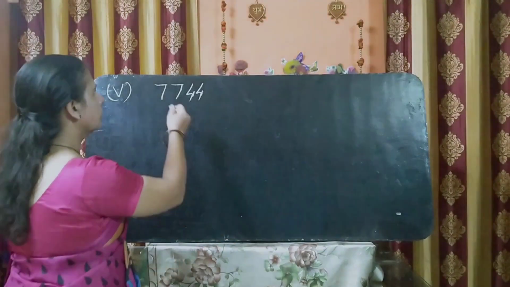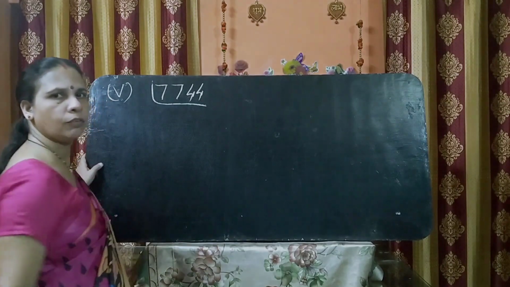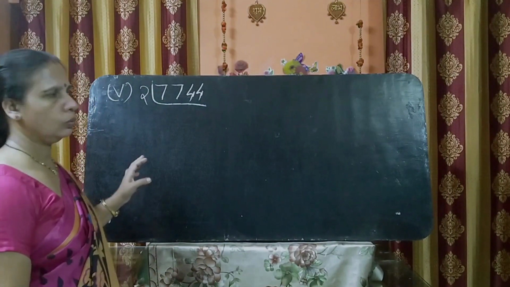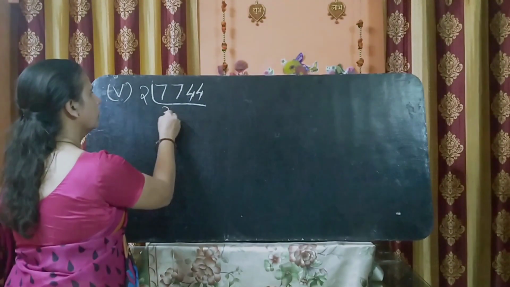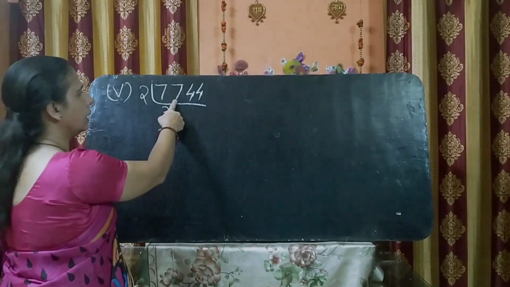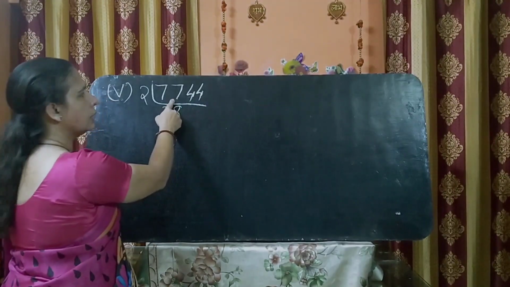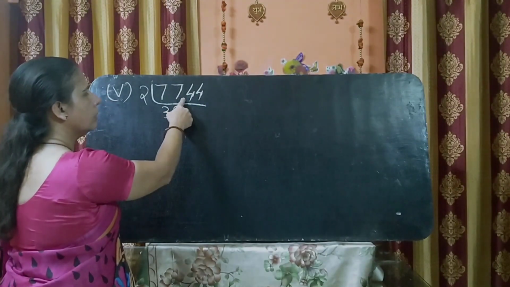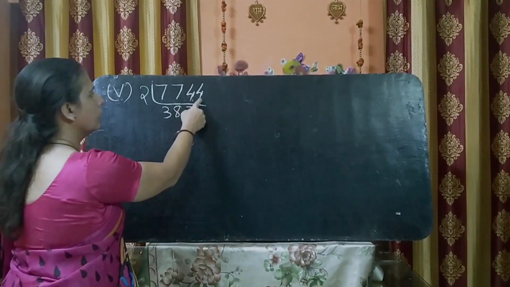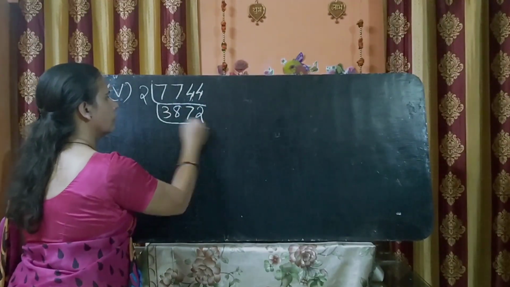Next question is 7744. Take as factor 2. 3 2's are 6. How many left? 1. Number 17. 8 2's are 16. Then 1 left. Number will become 14. 7 2's are 14. Then 2 2's are 4.